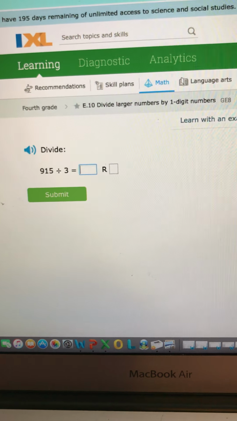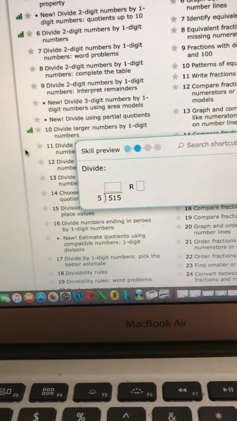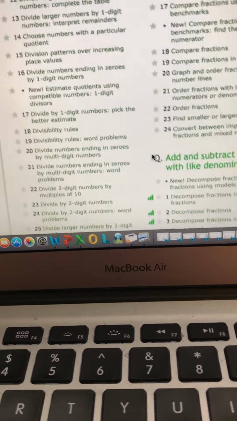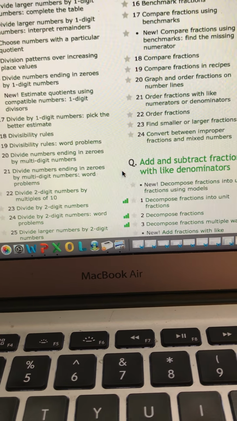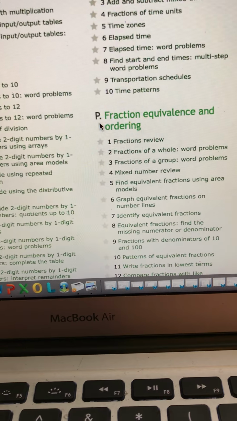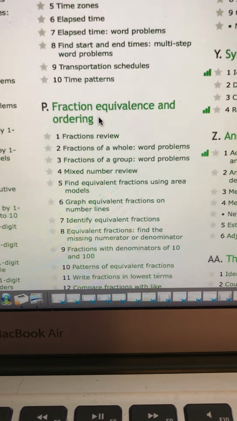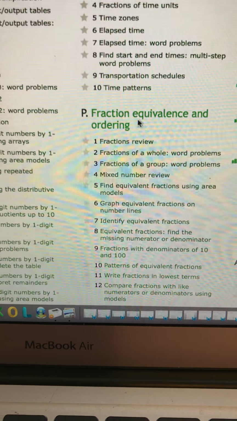Okay? Now, after you have worked on division, you will also need to work, after we're going to review fractions. And so you will go to P, fraction, equivalence, and ordering. Now today we're going to go over fractions review, and we'll go over that together.